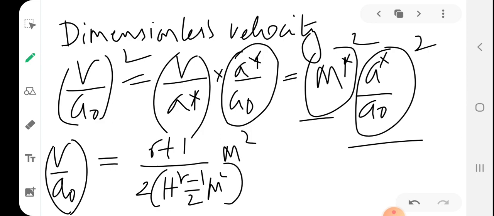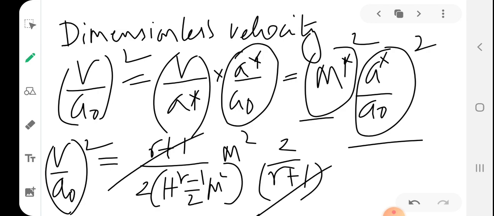This is the substitution for M star square, into a star by a0 whole square, which is nothing but 2 by gamma plus 1. So we can cancel this gamma plus 1 and gamma plus 1, 2 and 2. What is remaining?